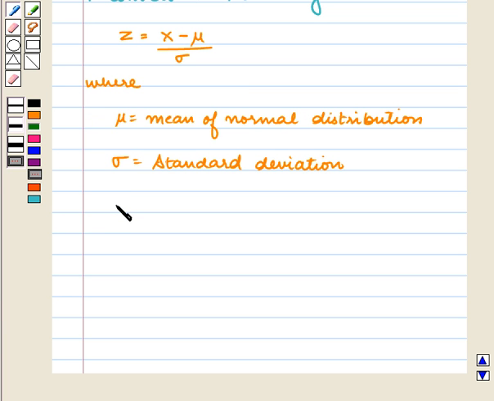So we have z is the standard normal variate, that is, its mean is 0 and standard deviation or variance is 1.